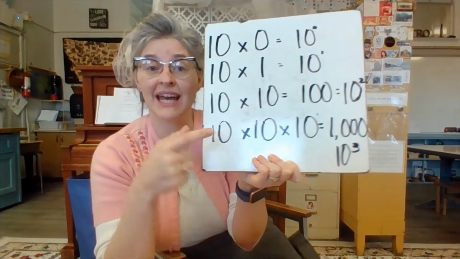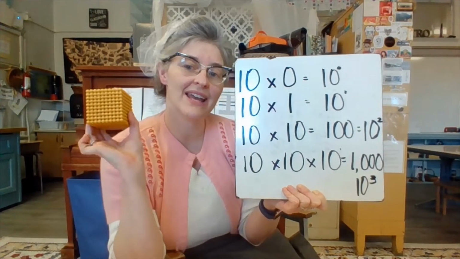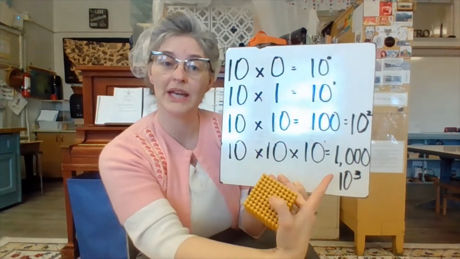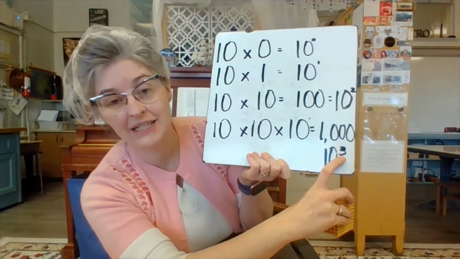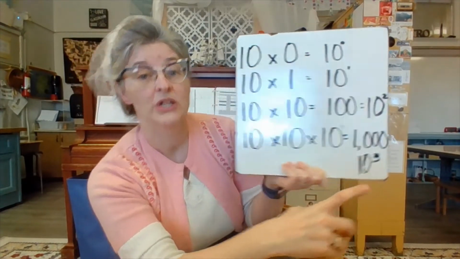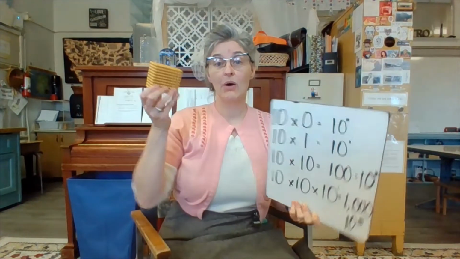Now, what if I take 10 times 10 times 10? Oh, well, we know what happens. I get 1,000, a cube. I have 3, so my exponent is 3. 10 to the third power just means 10 times 10 times 10. There's 3 of them. Now, if I took 10 of these, I would get 10 times 10 times 10 times 10.